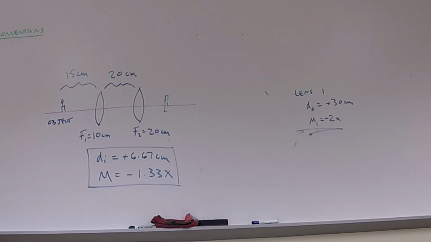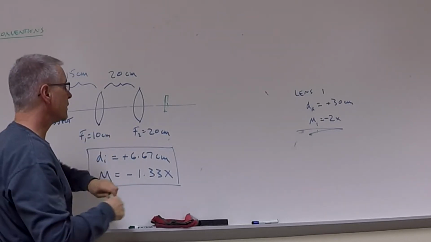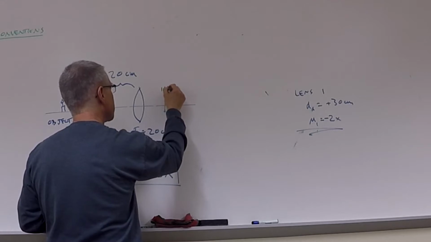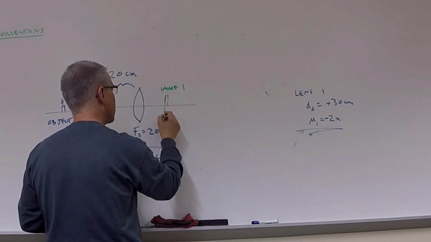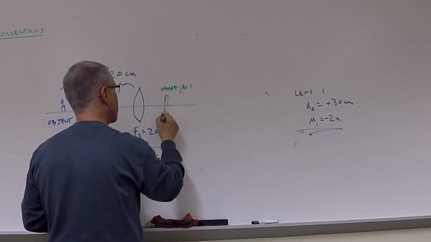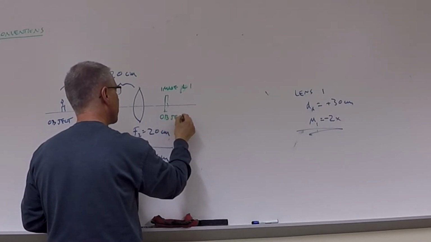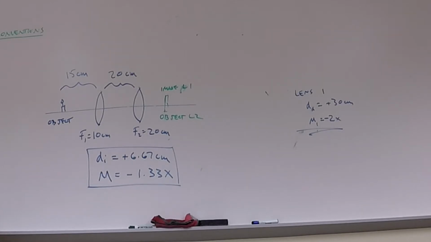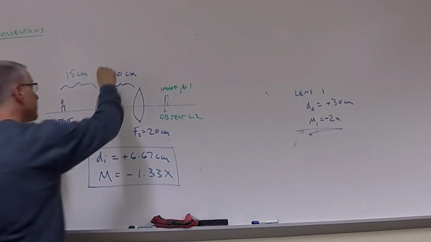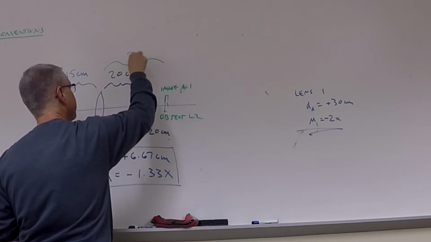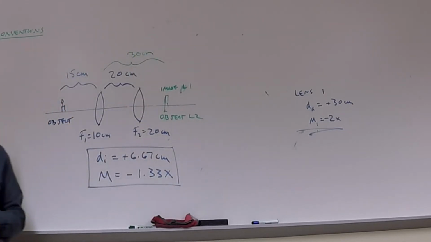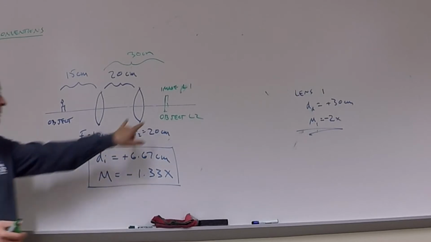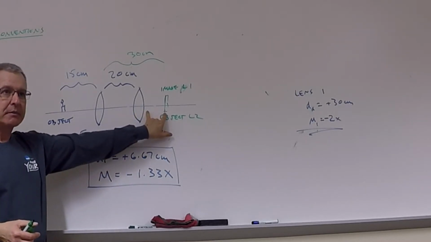Now we jump to lens two. Again, all these measurements and equations are from the lens. This is the image formed by lens one, which is going to act as the object for lens two. So how far is the object from lens two? 10 centimeters.